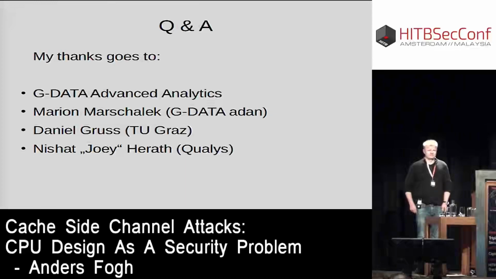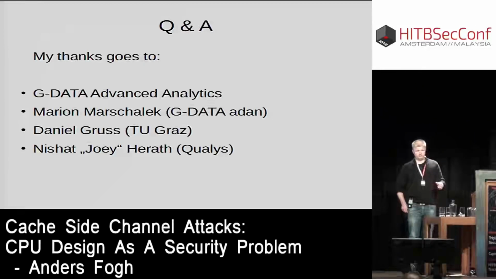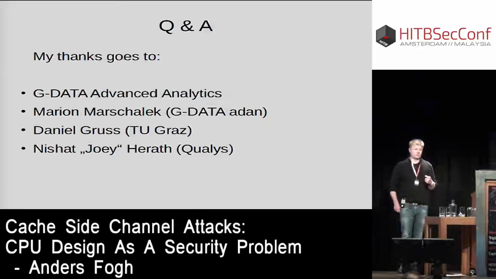Well, how much of having shared memory is a requirement to the attack? Shared memory is required for flush and reload and variations thereof, which includes flush and flush. The thing is, in the reload phase, you access memory to find out the state of the cache after the victim is run. For prime and probe and evict and time, we are using cache congruency, which is a lower criteria.